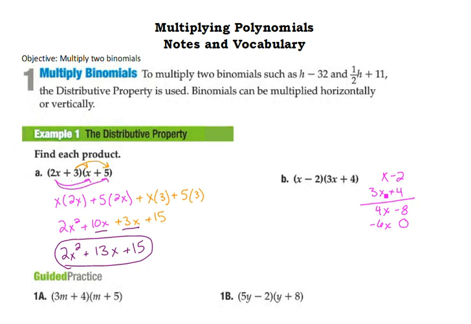And then a 3x times an x is a 3x squared. So two different ways to solve these, or to not really solve them, but to simplify them. End up with a negative 8, negative 2x, and a 3x squared. Both strategies will get you the correct answer. It's just whichever one you feel most comfortable with.